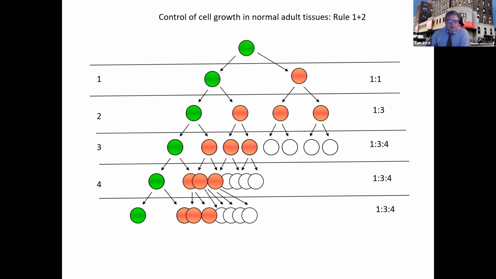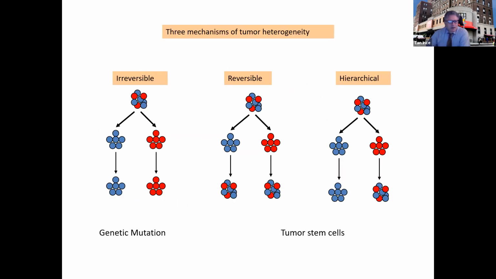So how does this impact our thinking of cancer? If you look at the example on the left, let's say that cancer is driven entirely by genetic mutations and they're not reversible.